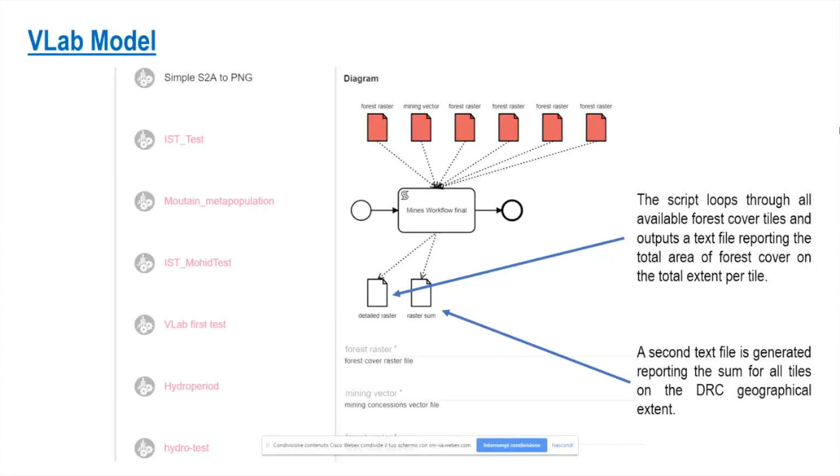The first output file is the result for the single tiles, and the second output file contains the sum of all of the single raster. So this is the model, and how we implemented it, and ported it on VLab.